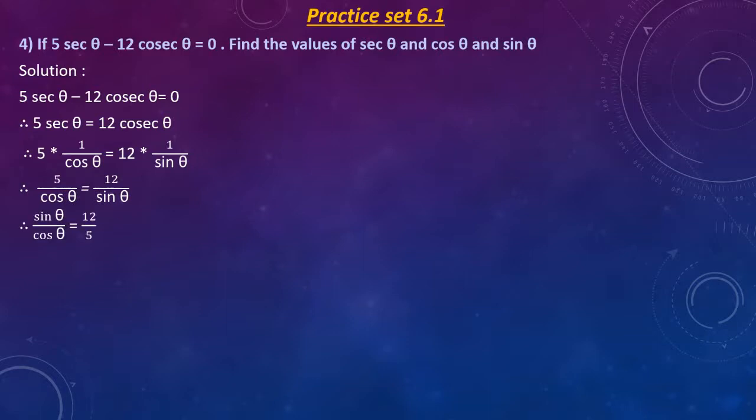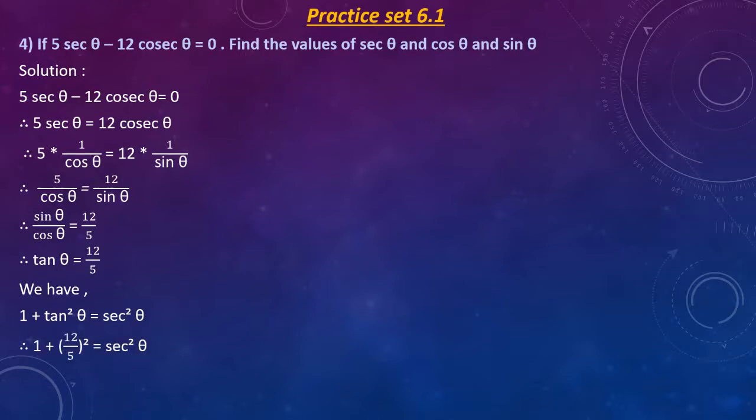Rearranging the terms, we get sin theta upon cos theta is equal to 12 upon 5. Sin theta upon cos theta is nothing but tan theta, which is equal to 12 upon 5. Now we have 1 plus tan square theta is equal to sec square theta. So 1 plus (12 upon 5) square is equal to sec square theta.